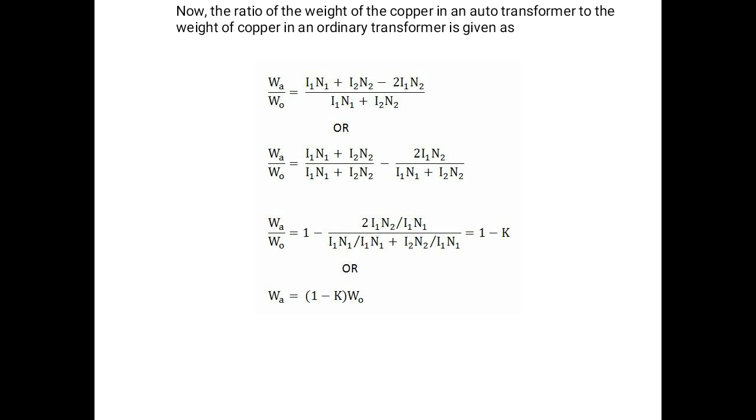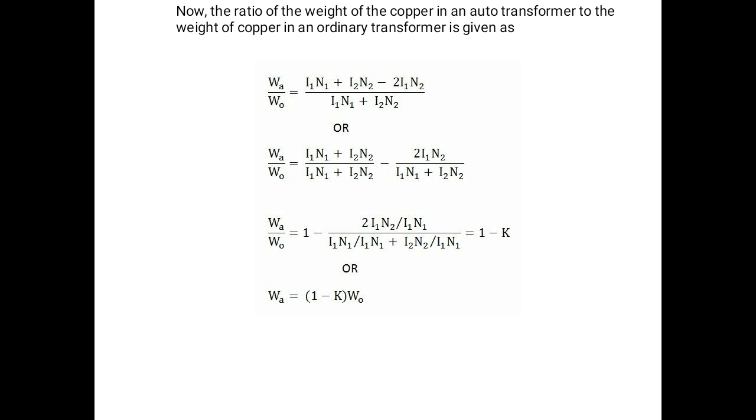Now the ratio of the weight of copper in auto transformer to the weight of copper in ordinary transformer is given as WA upon W0 is equal to I1 N1 plus I2 N2 minus 2 I1 N2 divided by I1 N1 plus I2 N2, which can also be written as WA upon W0 is equal to (I1 N1 plus I2 N2) divided by (I1 N1 plus I2 N2) minus 2 I1 N2 upon (I1 N1 plus I2 N2).